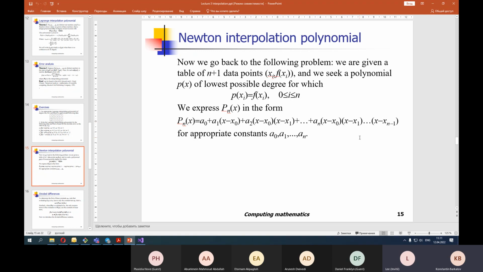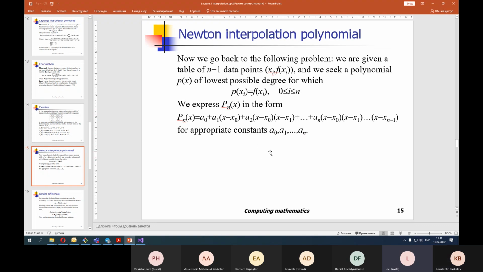And the problem of interpolation, the problem of finding the Newton interpolation polynomial, reduces to the problem of finding these a priori unknown constants, a0, a1, and so on, an. If somebody told me these constants, I could write a Newton interpolating polynomial. And the question is how to find these constants.